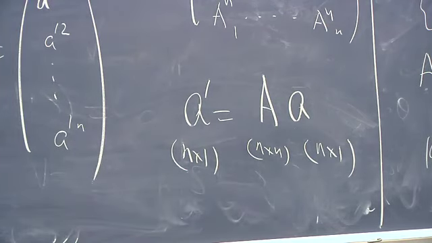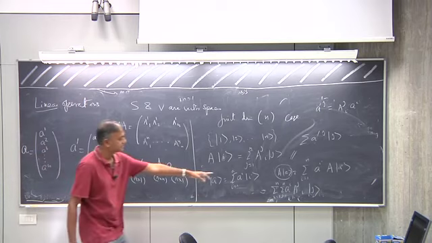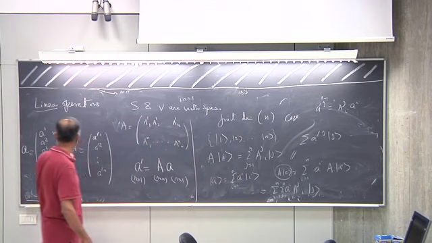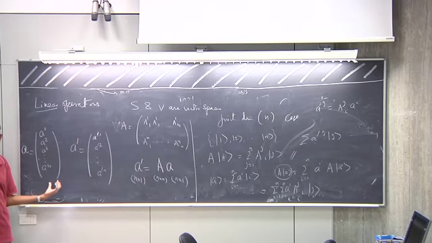So the upshot is that in finite dimensional cases, if you choose a basis, the vector space itself can be represented as n column vectors. Any vector A I can expand like this and just arrange these coefficients in a column, and by changing these numbers, you get different vectors. So the vector space is isomorphic to, or represented by, an n dimensional column vector.